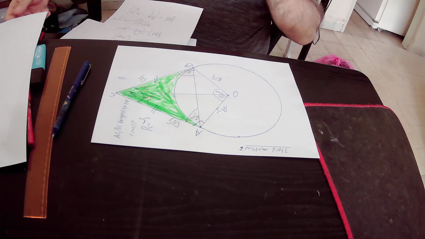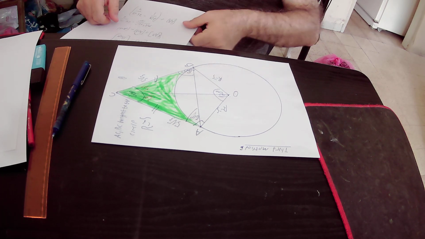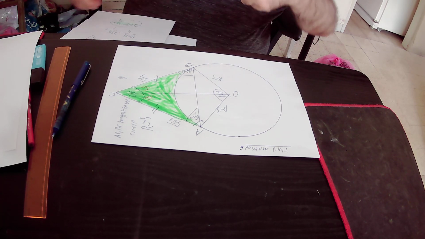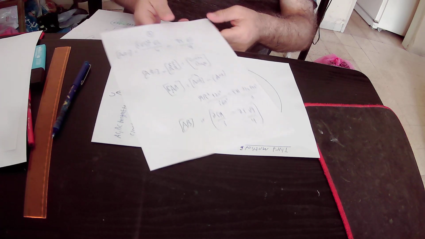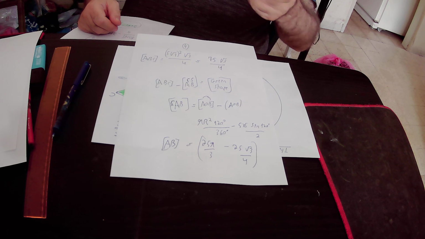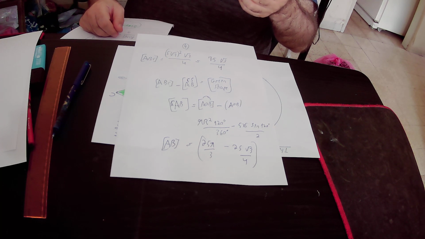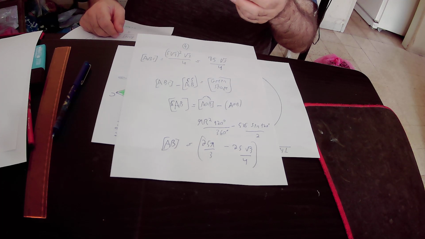So the area of equilateral triangle ABC will be equal to (5 times root 3) squared times root 3 over 4, because that is the formula for the area of any equilateral triangle: x squared times root 3 over 4, if x is the size of one of its sides.